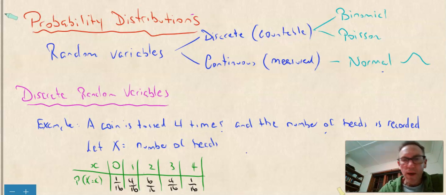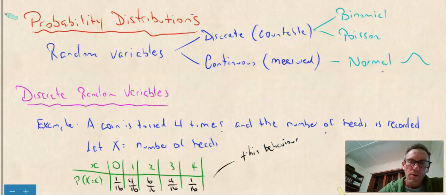Therefore, the behavior of this distribution is defined by a probability distribution function. So the behavior of the probabilities defines the probability distribution function.